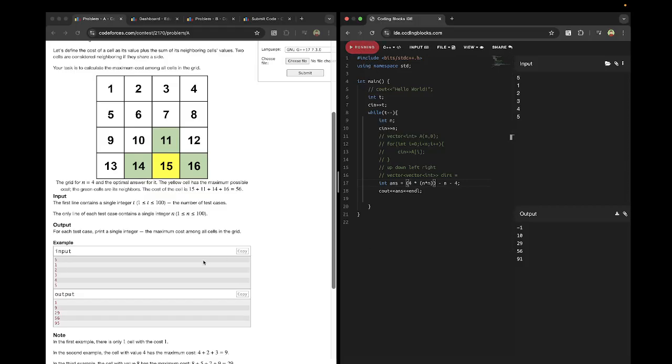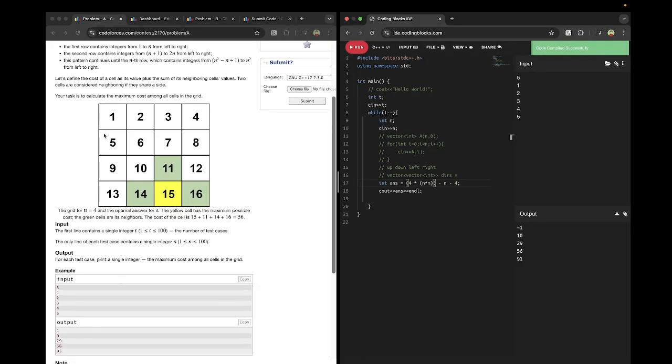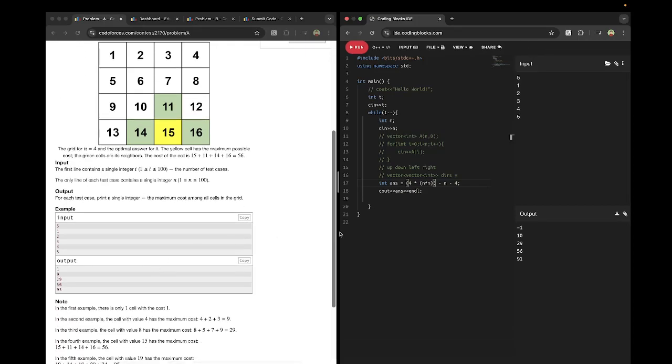How is this returning -1 for first? Okay, for 1 it would be just 1. Yeah, we failed at that one.